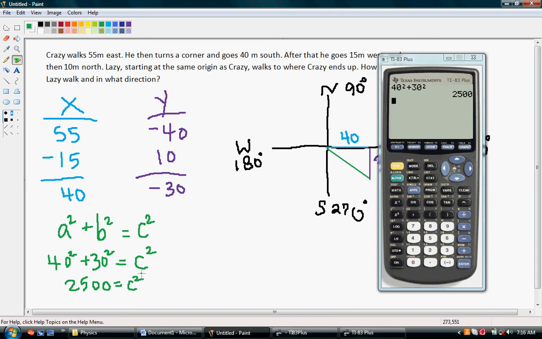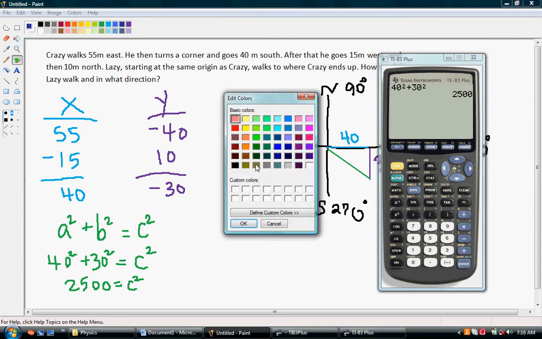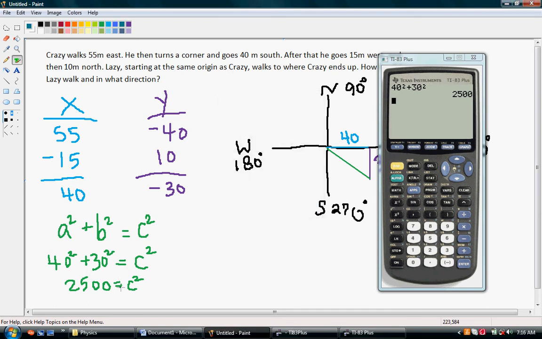So what we end up having to do is taking the square root of both sides. So we have to take the square root of c squared and the square root of 2,500. And what we end up getting, square root of 2,500, and we get 50.